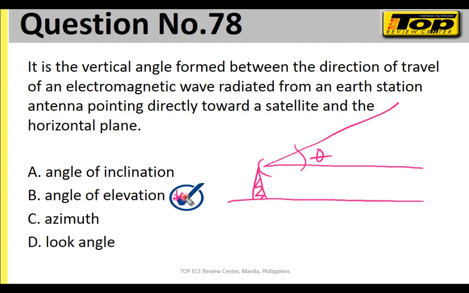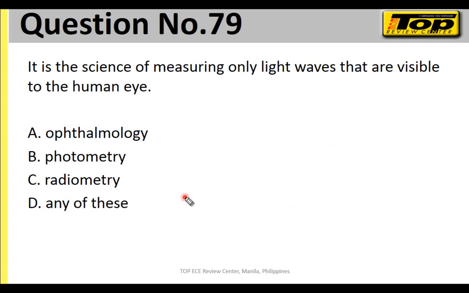Okay, next number. Question number 79. It is the science of measuring only light waves that are visible to human eye. Okay, anong tawag dyan? Ophthalmology ba yan? Punta ka ng EO, optical, para makakita ka ng ophthalmologist.